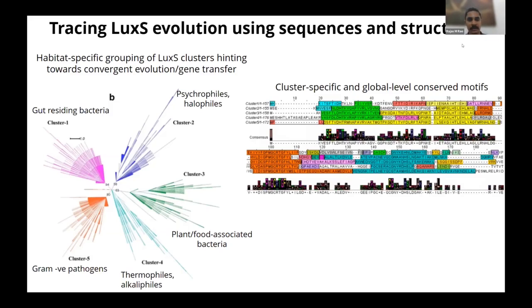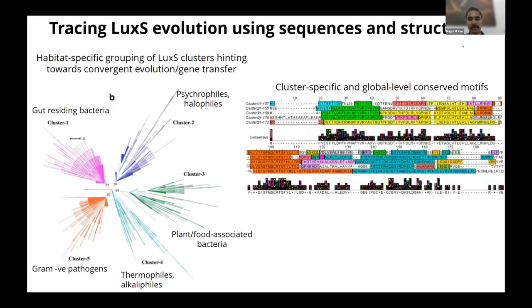The other population had a lot of plant or food-associated bacteria, and the one more cluster had mostly gram-negative pathogens. So this was something quite interesting, which we inferred: since the compound involved in interspecies communication is the same, the divergence must have occurred quite early, based on the fact that we are seeing five clusters that have diverged together.